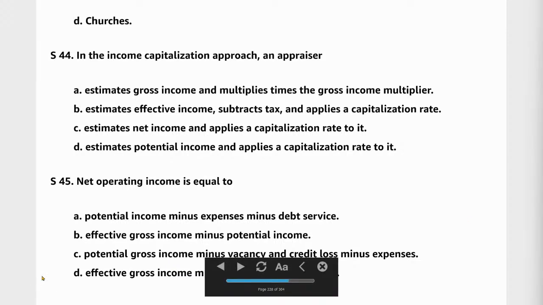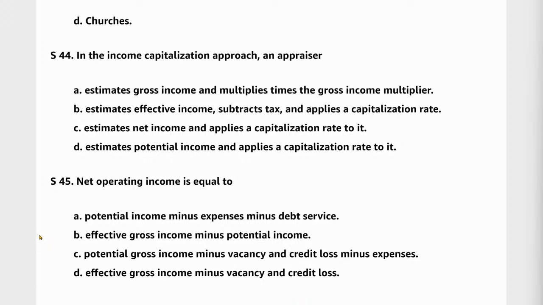Or D, effective gross income minus vacancy and credit loss. Here we're projecting what could be the most income that this apartment complex could bring. So the answer here is potential gross income minus vacancies and credit loss minus expenses.